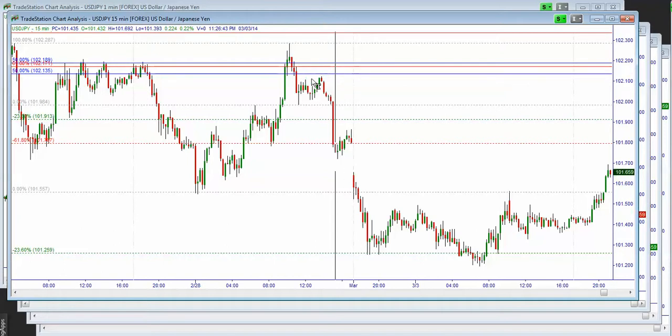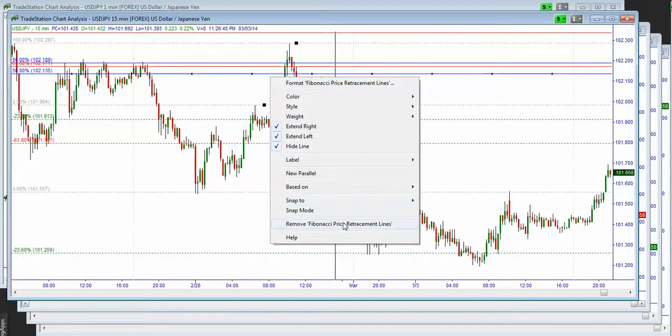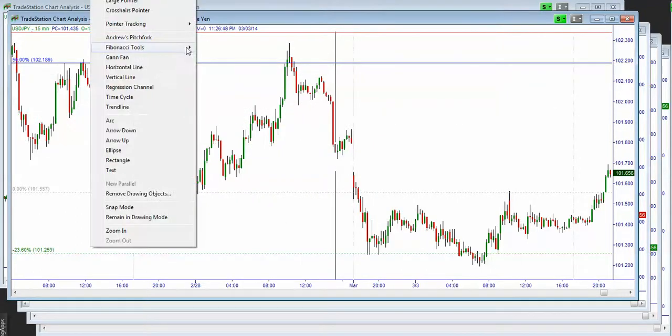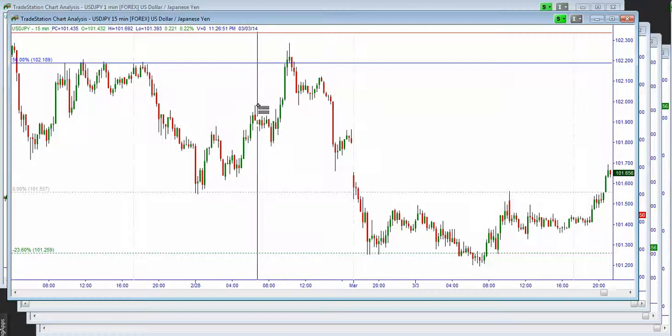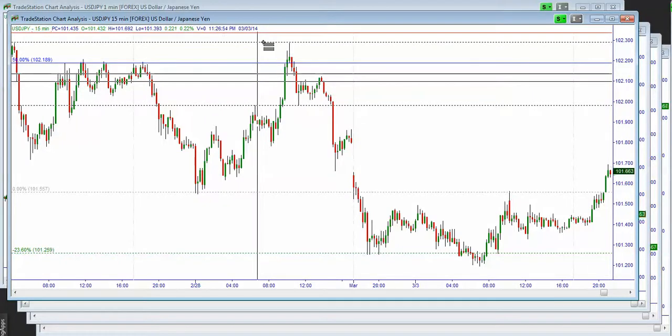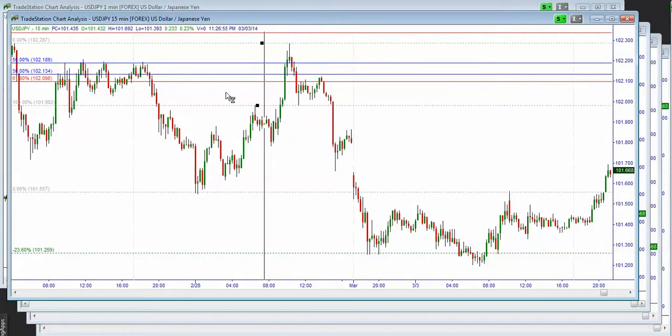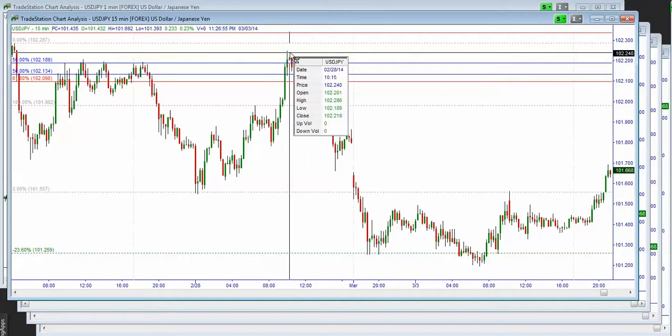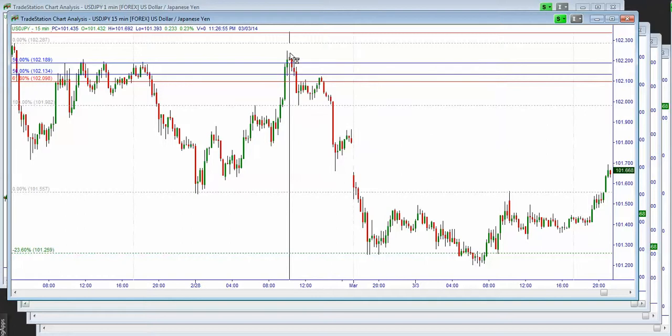So this was a very good reward to risk trade, and that's the kind of trade I'm looking for. From highs to highs here, the entry would have been 102.09 with a stop above 102.29, so 20 pips here, and actually we could go down into 101.25.